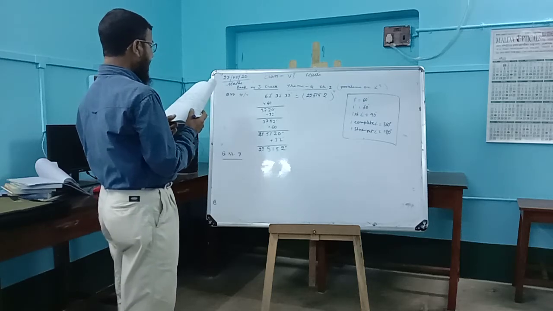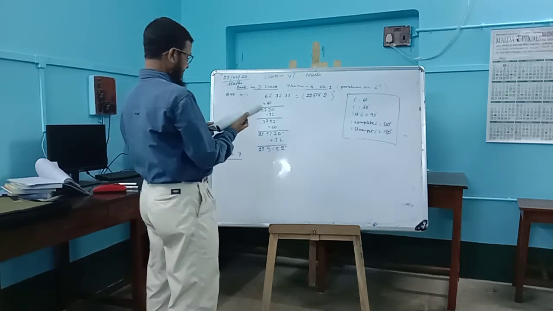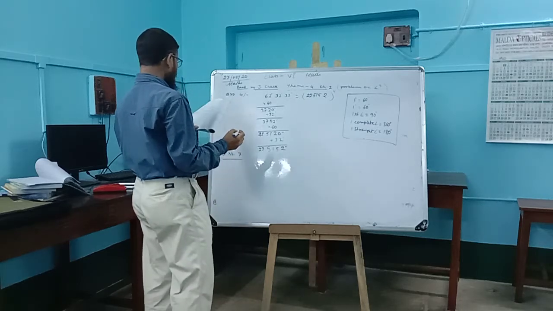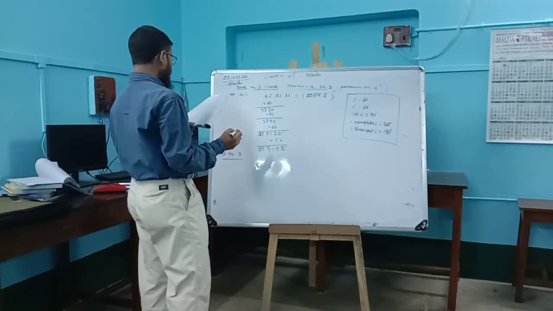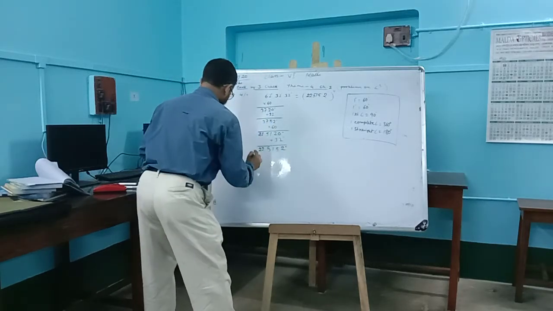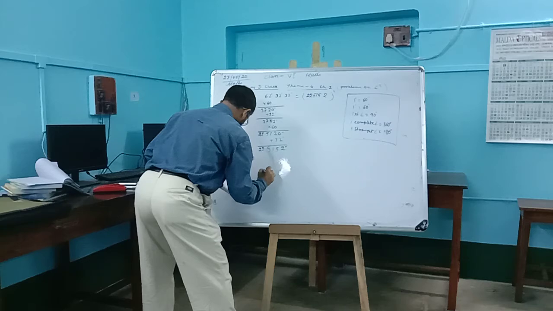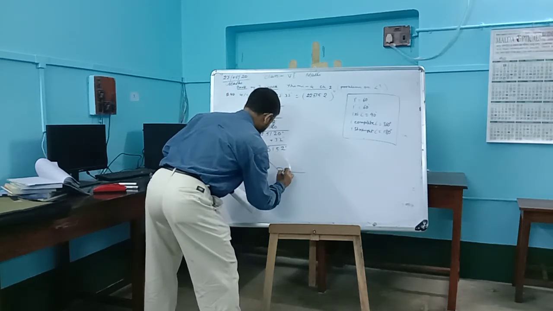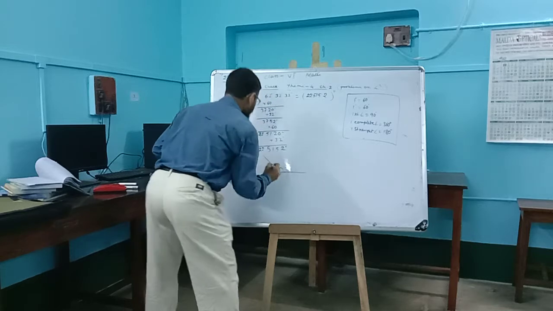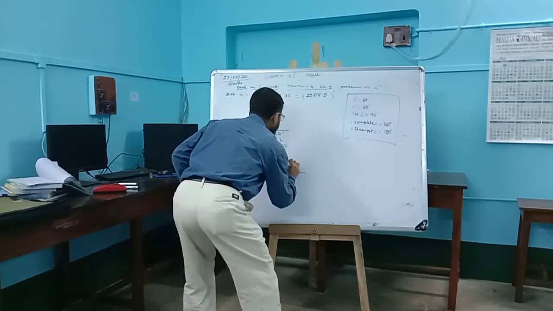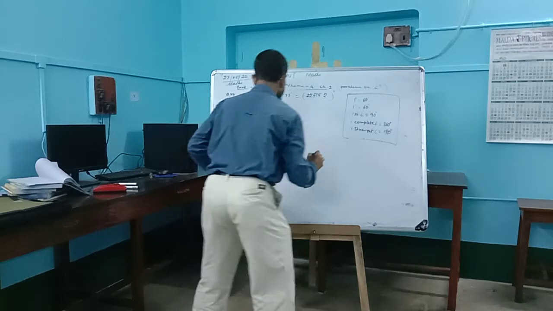Easily we can find out. The type we have to write. Number 1. This is one. What type? Obtuse angle.